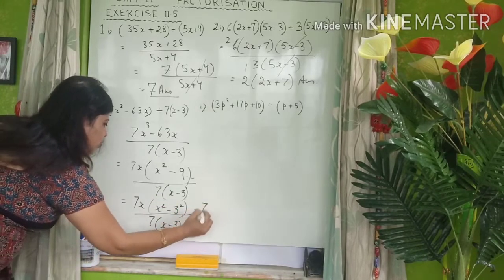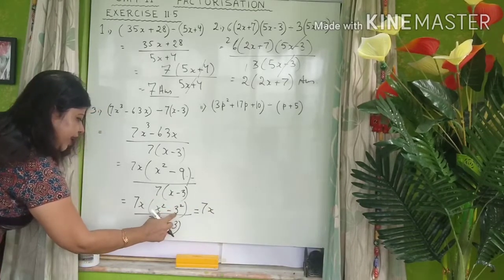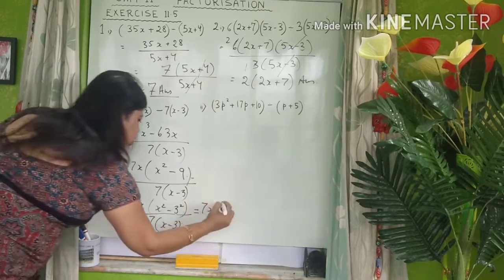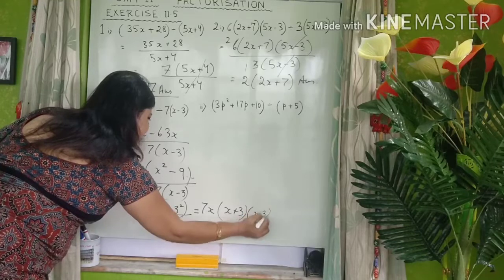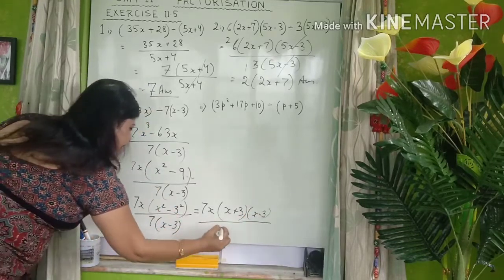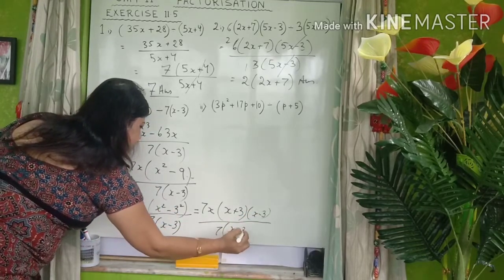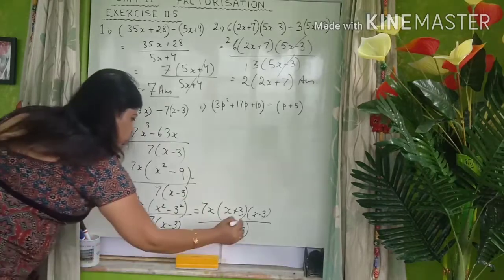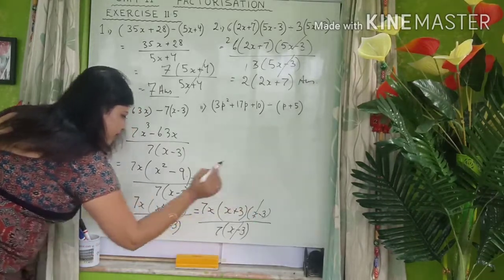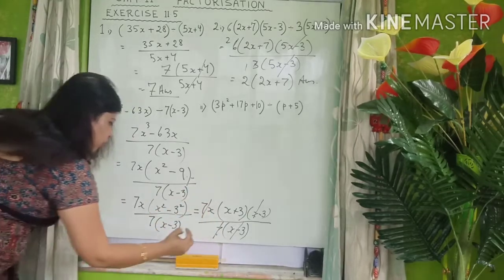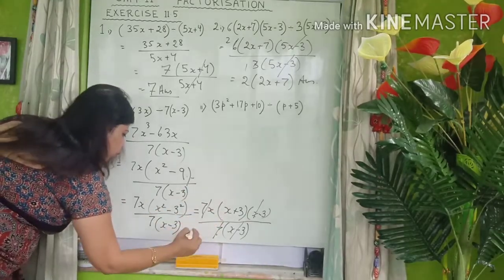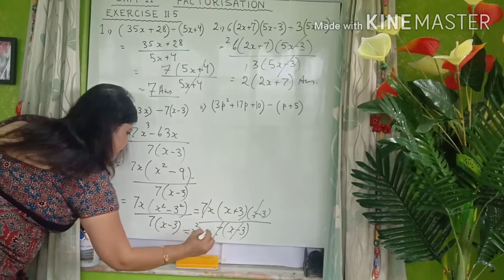This equals 7x. So this is your a square minus b square. So this becomes (x plus 3) and (x minus 3), and whole divided by 7 into (x minus 3). So x minus 3 cancel off, 7 cancel off. So what remains? x into (x plus 3).